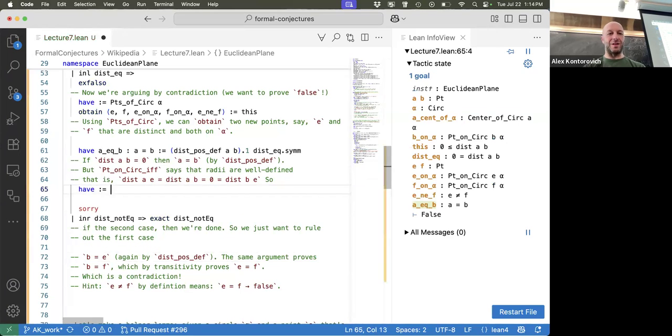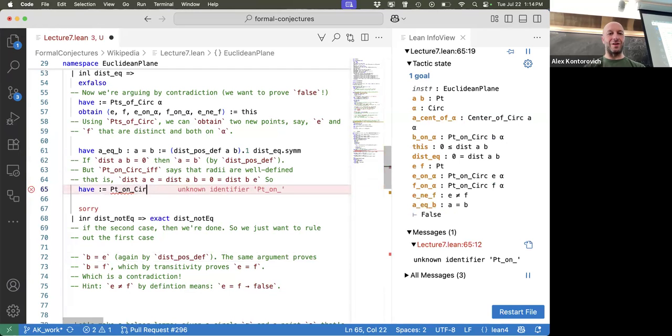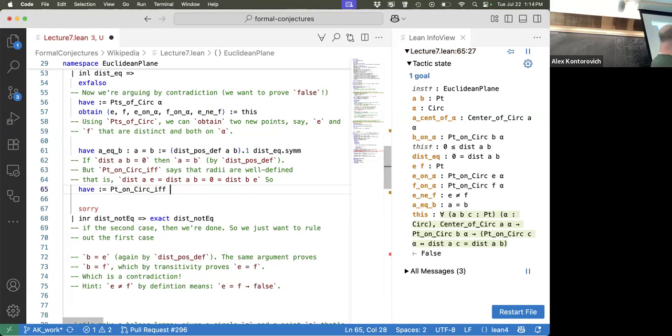So let's just do point on circ if and only if. What does it want? 3 points. It wants A to be the center. Do we have a center? A. We want B to be a point on the circle. B is a point on the circle.